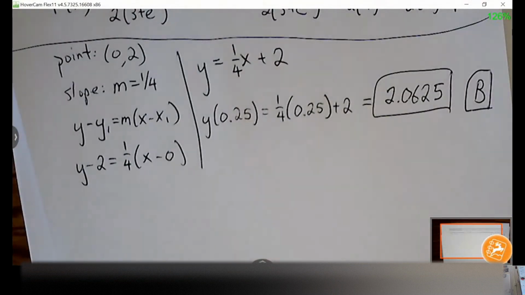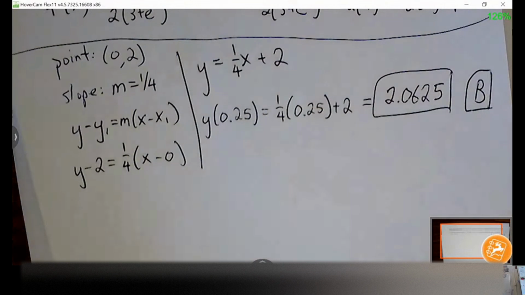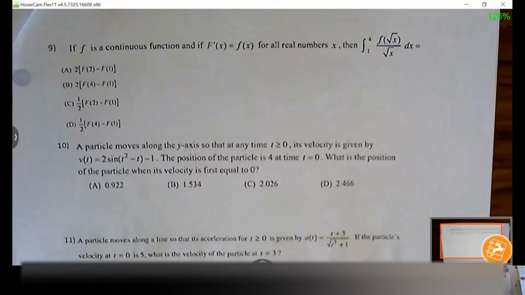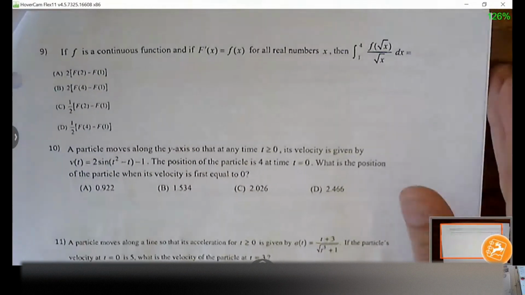Okay, so I skipped a lot of the third page from worksheet 3. So maybe we can do some of the problems from worksheet 3.